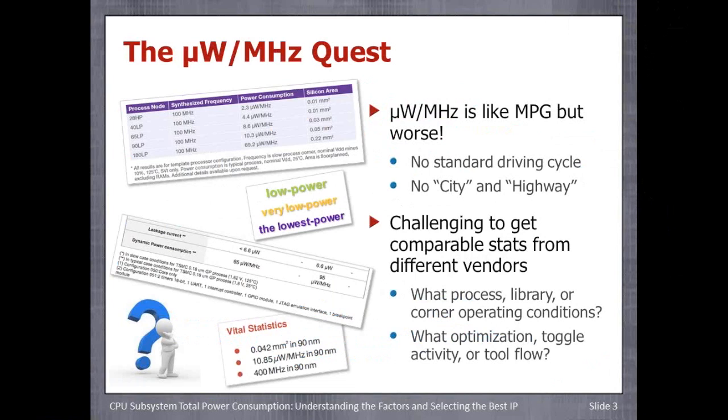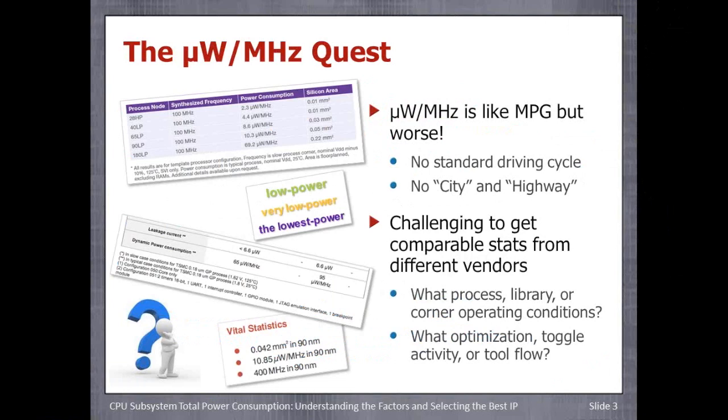In a similar way, milliwatts per megahertz can vary significantly depending on the target technology process, on the cell library, on the operating conditions, on the technology mapping optimizations, on the toggle activity, practically the software that the processor is running, and the actual tool flow.